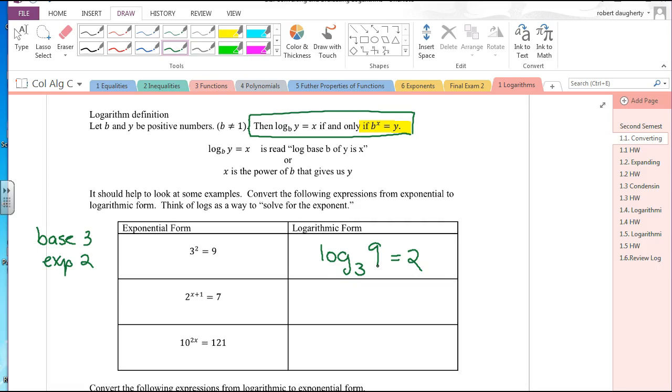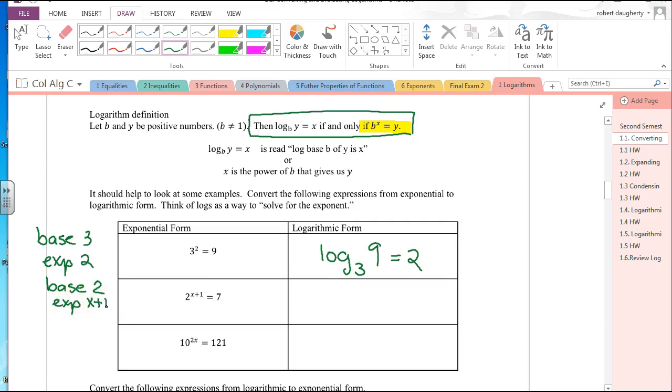When you look at a log equation, this subscript is your base. Your exponent will always be on the other side of the equal sign all by itself. This means that 3 squared equals 9. So it's a way of solving for the exponent. Let's look at this one. What is the base? 2. What is the exponent? I'm going to write that as a logarithm.